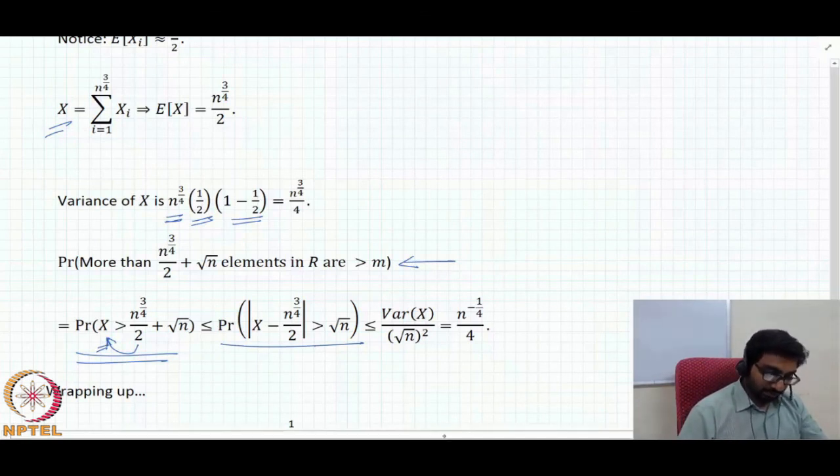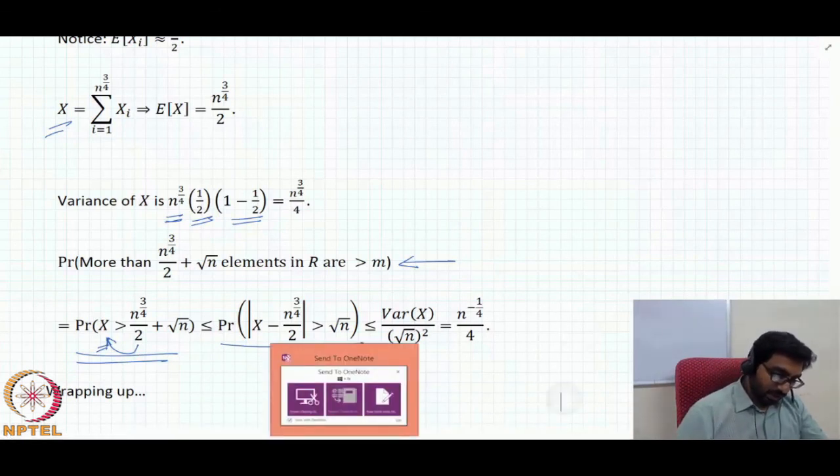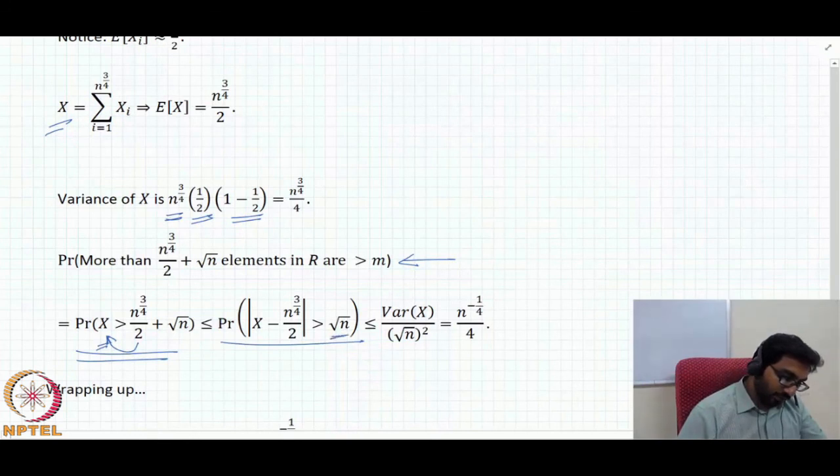This probability is at most the variance of the random variable X divided by the square of the right hand side over here, and since it's square root of n, this essentially is just divided by n.